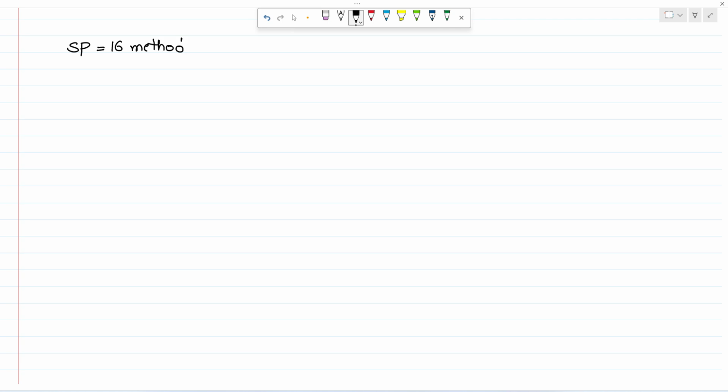SP16 method. So it is very simple. Again, you have the same design stipulations: width of the beam, depth of the beam, FCK, Fy. You copy the same design stipulations. Same as above.